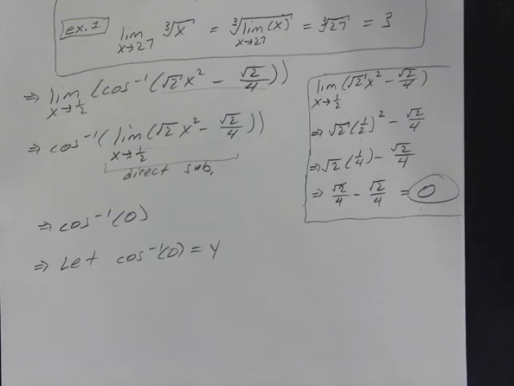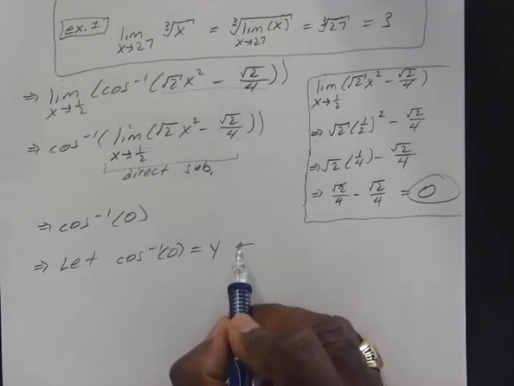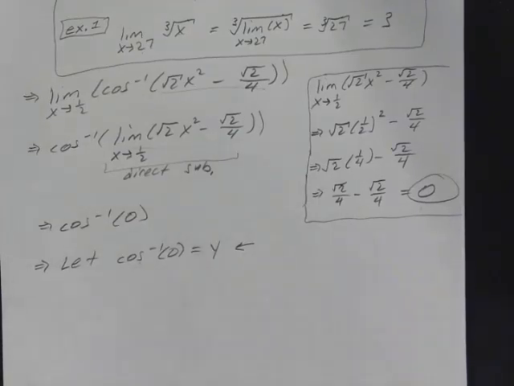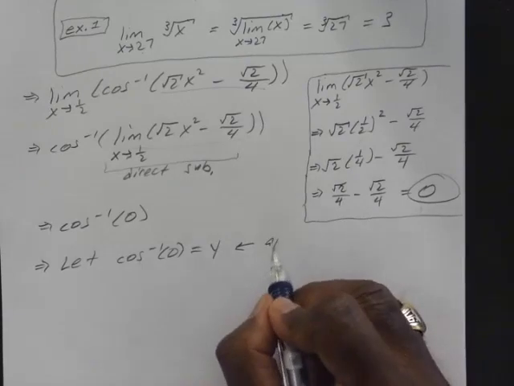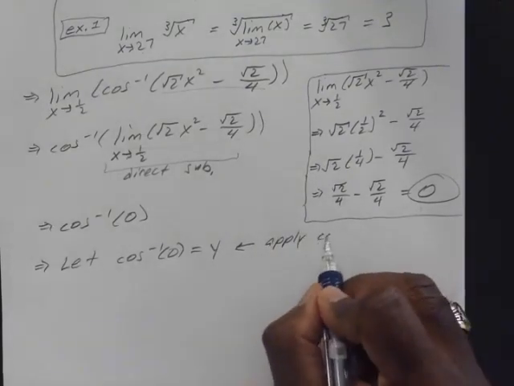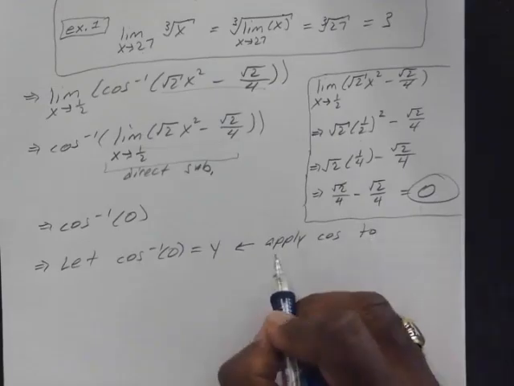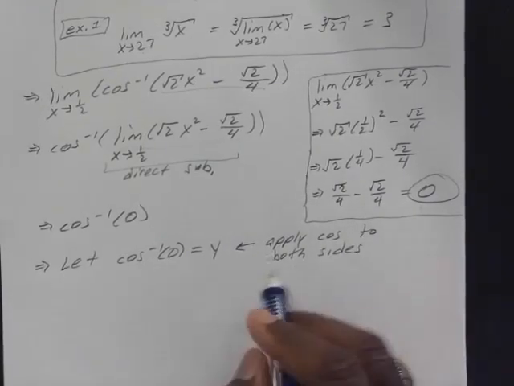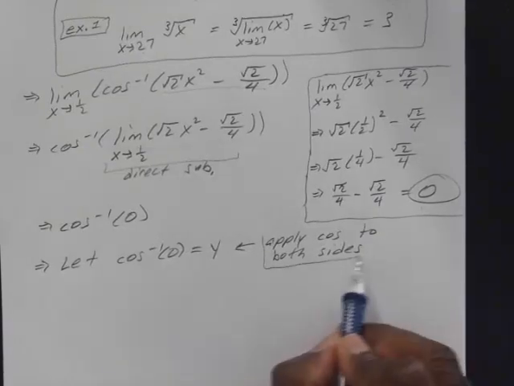Now, once we have it set up like that, all we have to do is apply the inverse of cosine inverse, which is cosine. So we're going to apply cosine to both sides of the equal sign, of course.